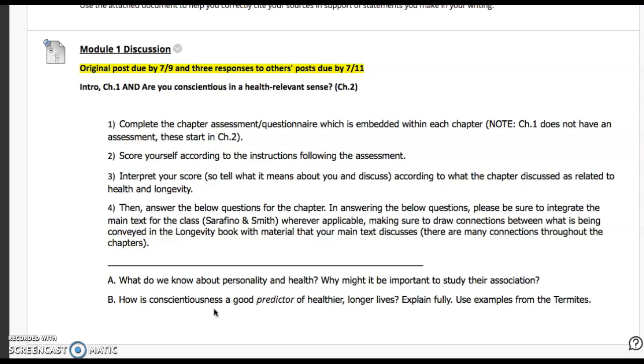The main chapter this week is an introduction to health psych and how we conduct research in health psychology. Hint, hint, it's going to talk about longitudinal studies. And guess what? The longevity project is a longitudinal study. So that's a good way for you to integrate what you read in the Serafino and Smith chapter into answering these questions.